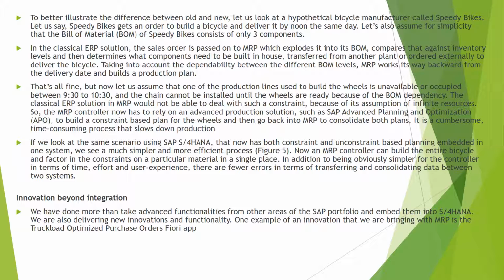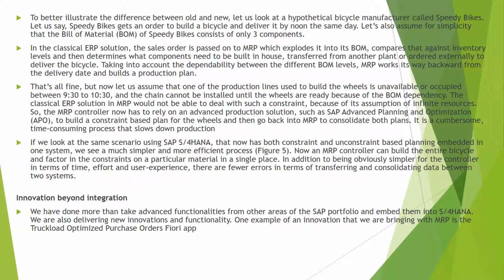So the MRP controller now has to rely on an advanced planning solution such as SAP Advanced Planning and Optimization, APO, to build the constraint-based plan for the wheels, and then go back into MRP to consolidate both plans. It is a cumbersome, time-consuming process that slows down production.